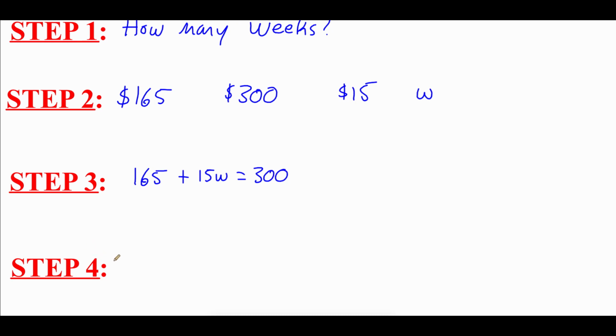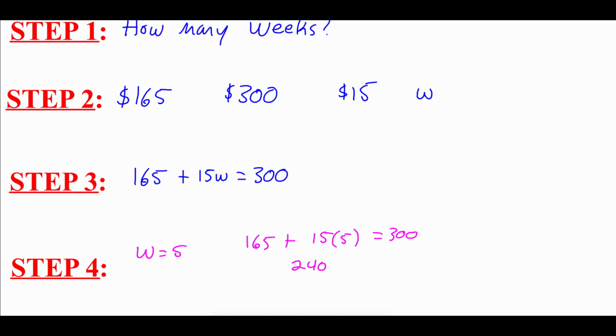Step number 4, we're going to do some guess and check to try to get ourselves an answer. And I'm going to start by guessing a W value of 5. So if I take 165 plus 15 times 5, I'm hoping to get 300 as my answer. Well, 15 times 5 is 75, and 165 plus 75 only gets me $240.